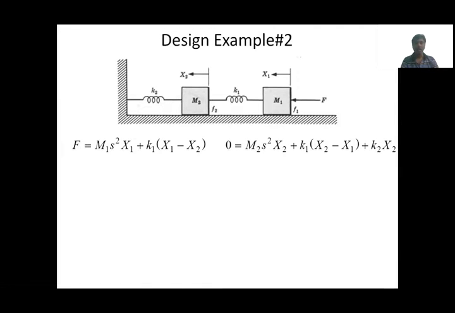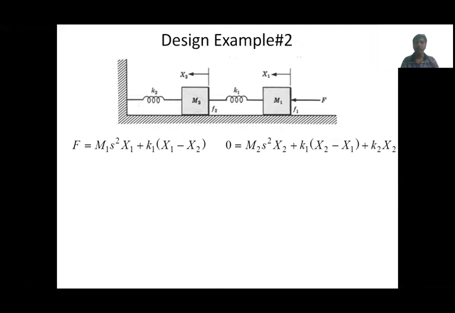Therefore, write the equations. First equation at the first node M1: the applied force F is equal to M1 S square x1, the opposing force due to mass M1, plus the spring force due to spring K1, which is connected between mass 1 and mass 2. Therefore K1 into the differential displacement x1 minus x2.